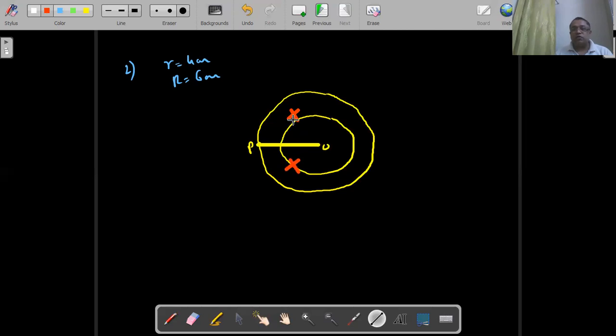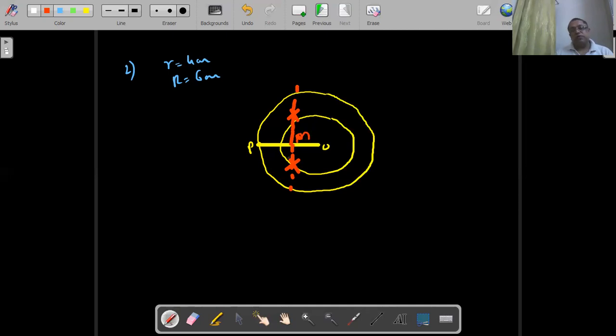So from P and O, you're cutting this. And then you're going to join this. And when you join this, you are going to get the midpoint of this as M.